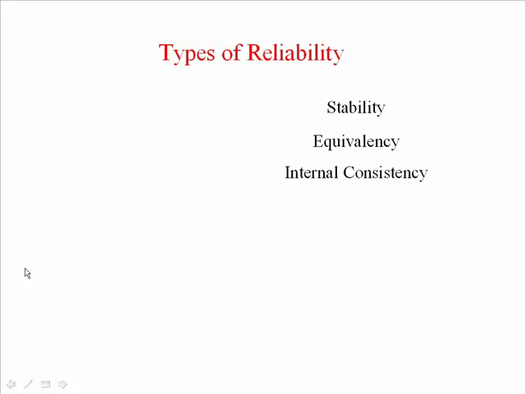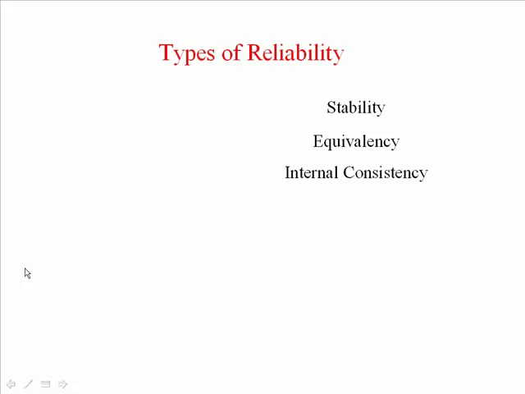Internal consistency, which is the final type of reliability that we will discuss, basically is relevant in situations where you're administering a test on one occasion and you are only working with one version of the test. So in some respects, it can be viewed as a catch-all situation.